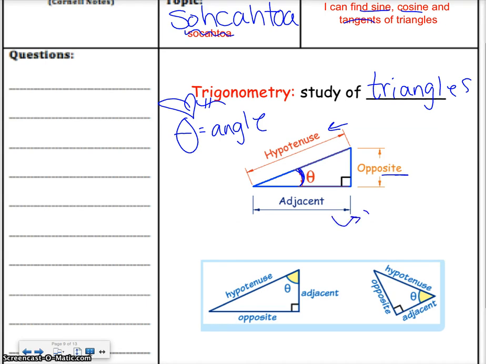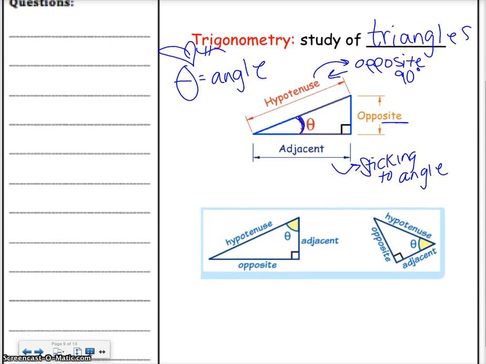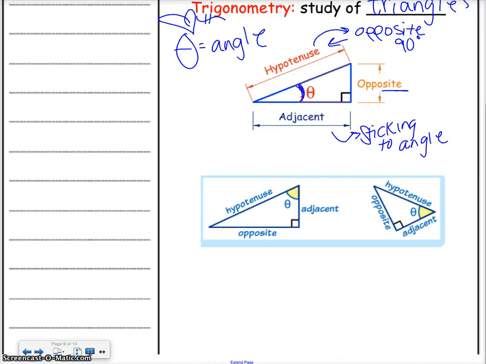And you might even want to write that, sticking to angle. And maybe you sometimes forget that the hypotenuse is always opposite the 90. Okay? So adjacent's always sticking to it. The hypotenuse is always opposite of the 90 degrees. Theta, an unknown angle measure.